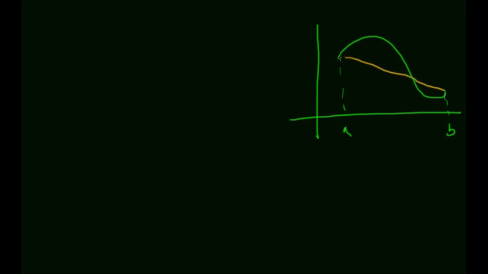Right, so there's the secant that runs between them. So this is at the height f of a. This is at the height f of b. We're going to call this line g of x, the secant, and this one is f of x, right? So that's our function value.